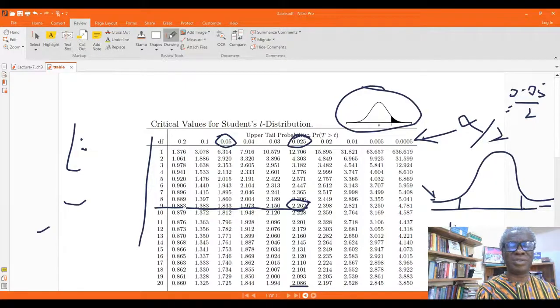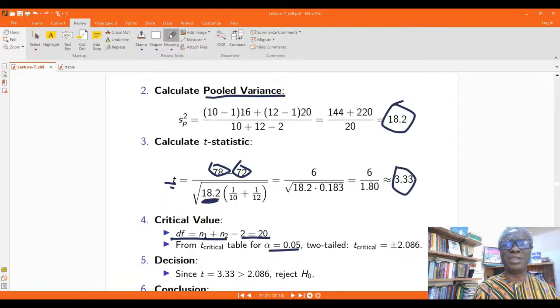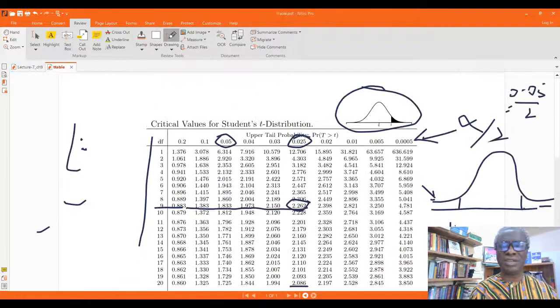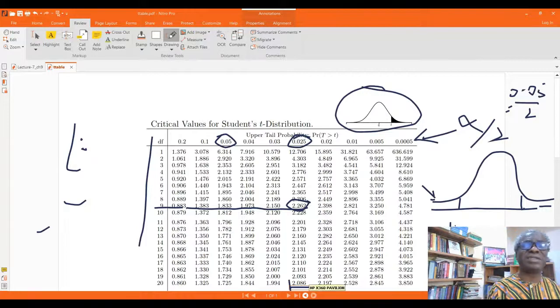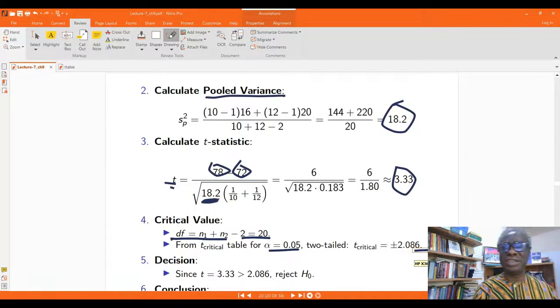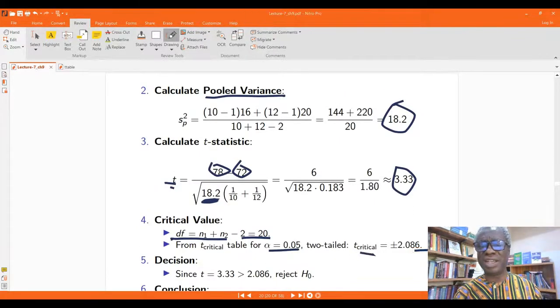So that is how we arrive at this critical value of 2.086. This is the value here. So that's how we get the T critical.